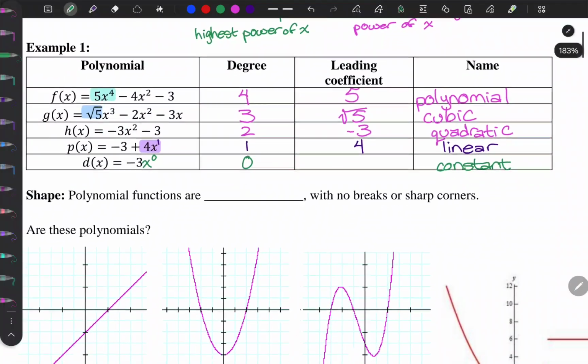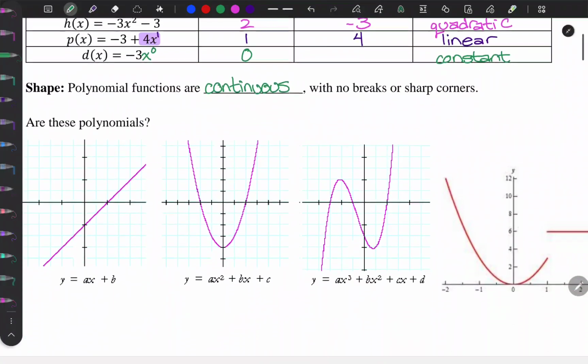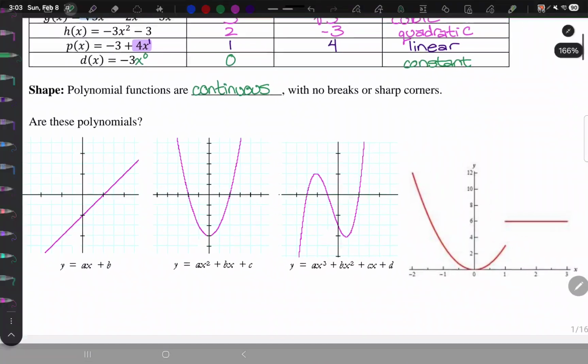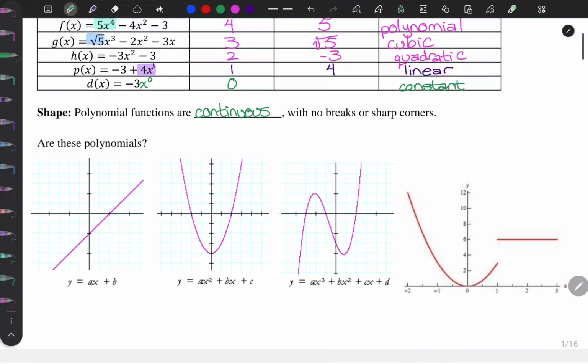The shape of a polynomial is such that polynomials are continuous. And by continuous, we mean it is no breaks, no sharp corners. If we look at these examples, let's decide what would be considered a polynomial. The first one is linear and obviously a polynomial, so we'll say yes.